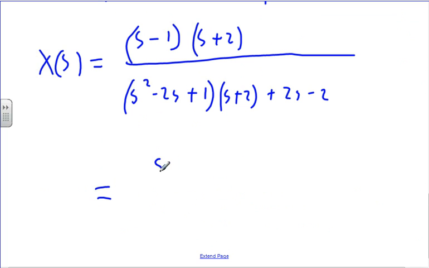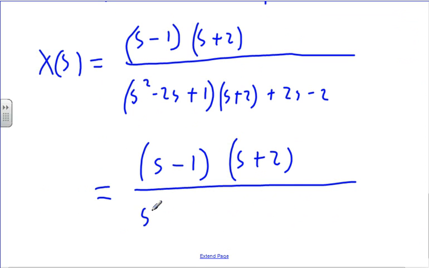Okay, I've got s minus 1, s plus 2, s cubed minus 2s squared plus 2s squared minus 2s squared.